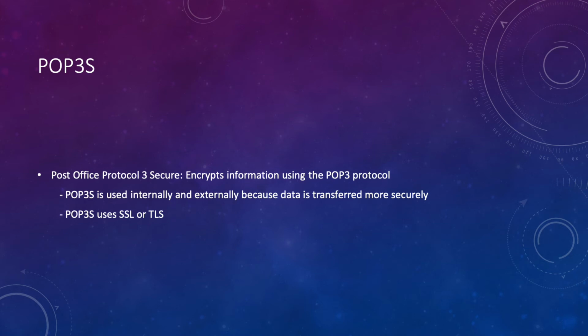POP3S is used internally and externally because the data that is transferred is more secure, and it uses SSL, or Secure Sockets Layer, or it also uses TLS, or Transport Layer Security, to encrypt the plain text information, making POP3 more secure.